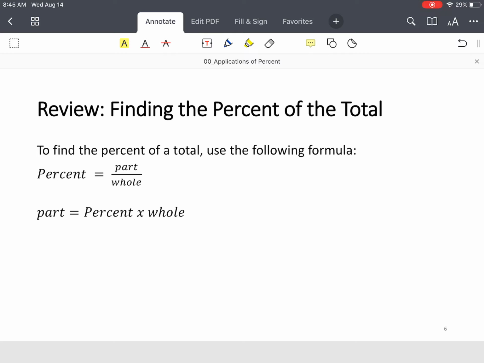All right, just think about money. If I've got 20 cents, right, that means I have 20 cents out of 100 cents, all right? So the part is the 20. It could be 2 dimes, 4 nickels, 20 pennies. It doesn't make a difference, but it's out of 100.